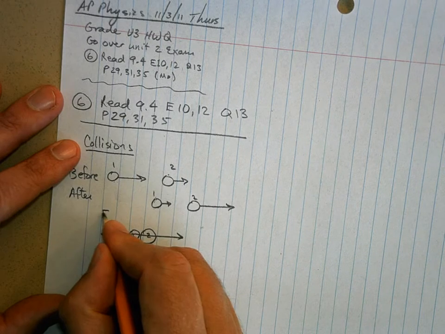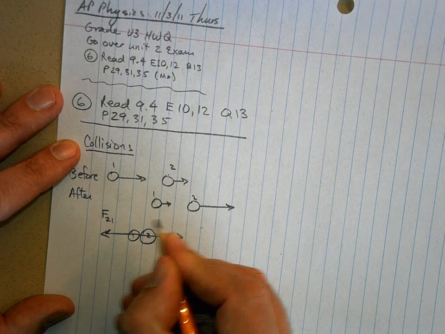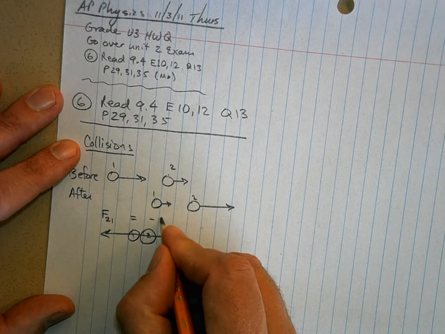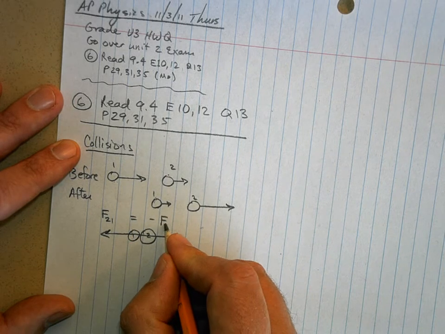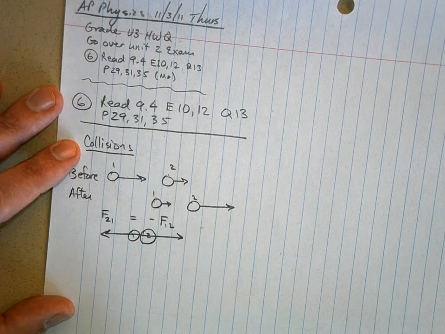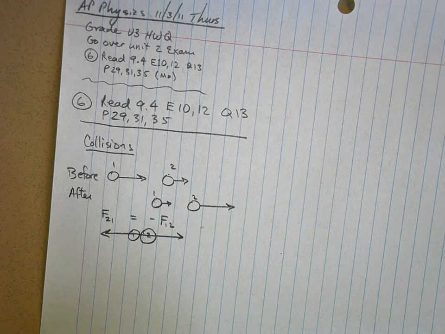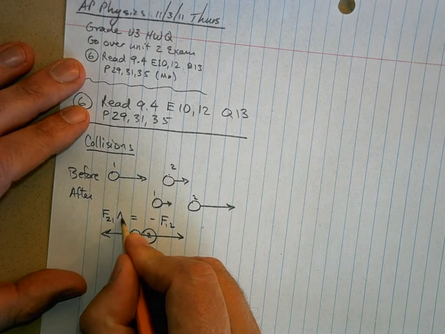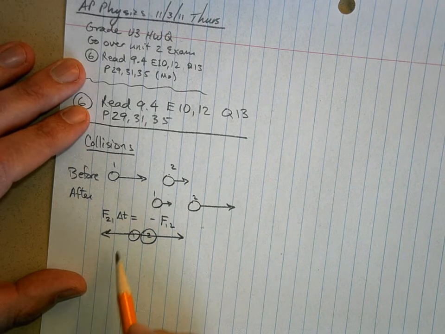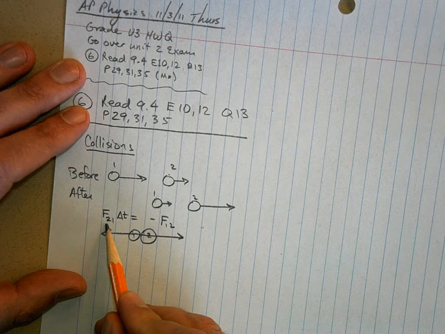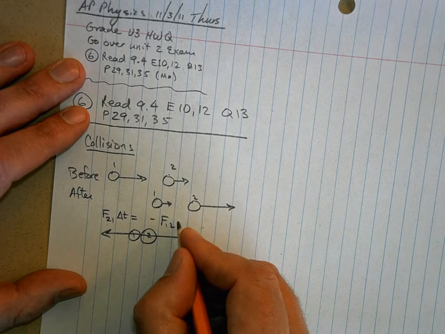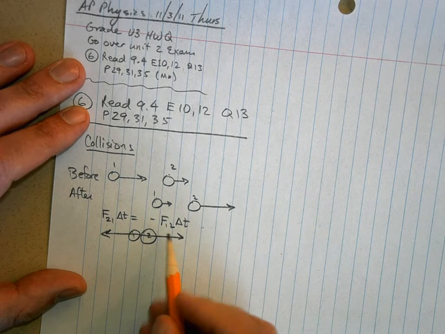The force of 2 on 1 is going to be equal, but in the opposite direction of the force of 1 on 2. And of course, these forces are applied for exactly the same amount of time. I mean, they're happening at once.